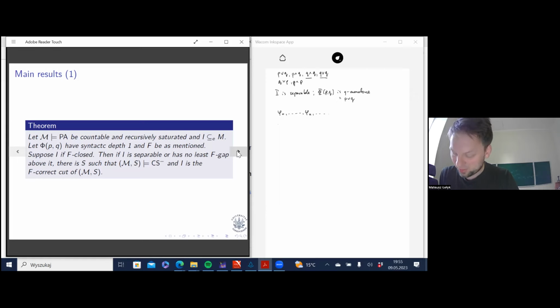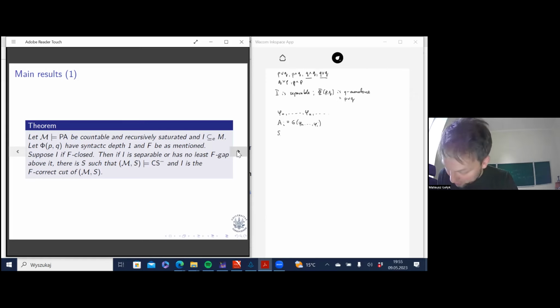So let me write that A_i, this will be a set of the form G of phi_0, ..., phi, where this G means that A_i is generated from the formulas phi_0 up to phi. This in particular means that every element in A_i is definable from these finitely many parameters. And I will leave it at this very basic level.